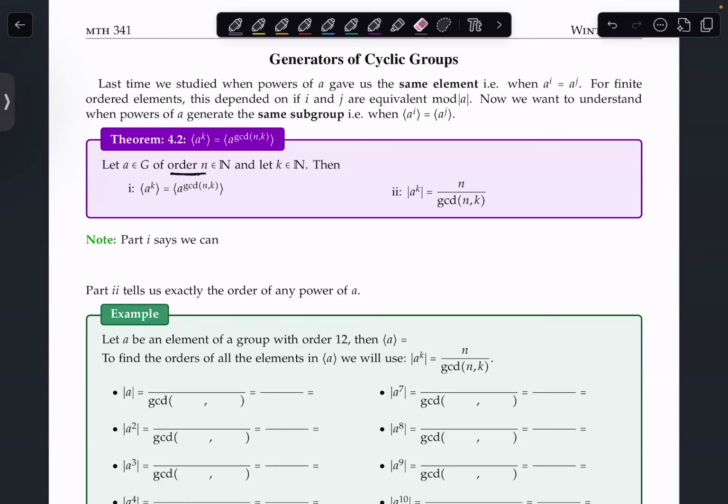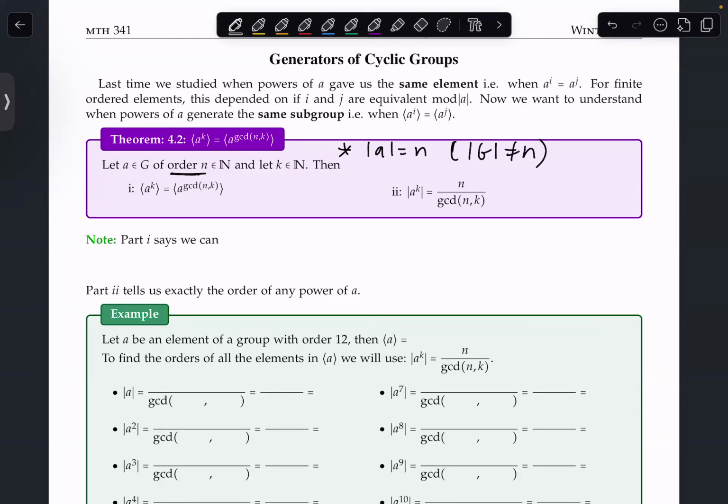Here I'm talking about the order of A, so I'm going to make this explicit. We're saying the order of A is equal to n. We don't need to have that the order of G equals that same value. It can or it doesn't have to equal n, but here I'm really saying the order of the element is equal to n.